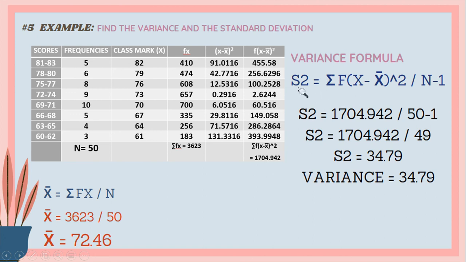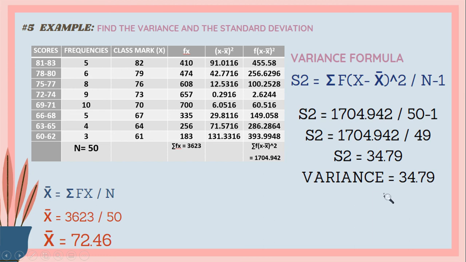So, here we are now going to solve for the variance. Again, this is the sample variance formula. So, substitute. 1,704.942 divided by 50 minus 1. So, 50 minus 1 is 49. Then divide: 1,704.942 divided by 49 is 34.79.